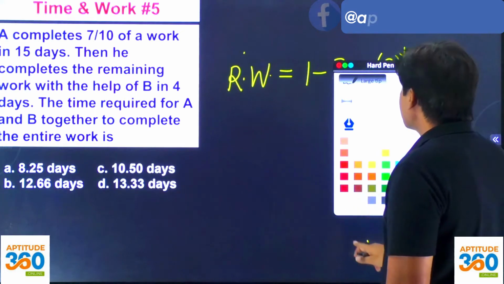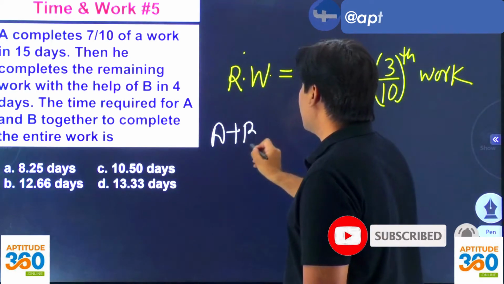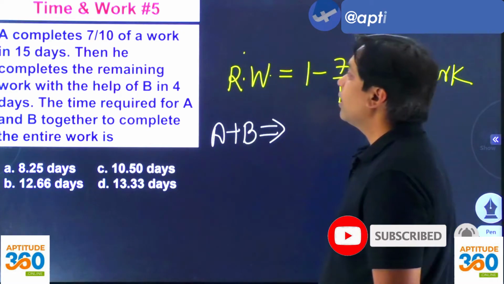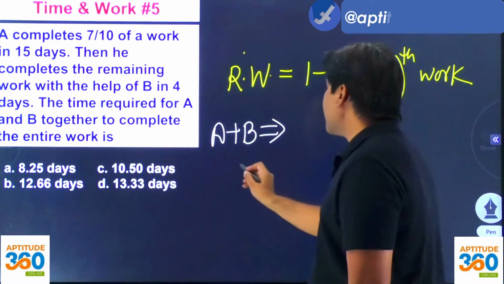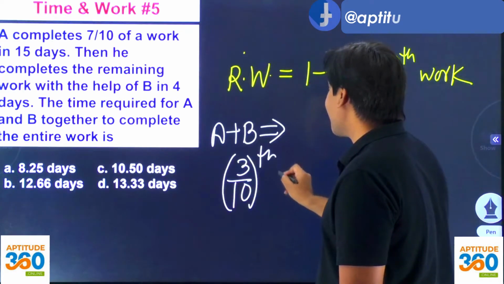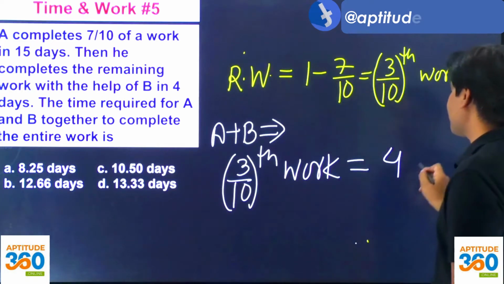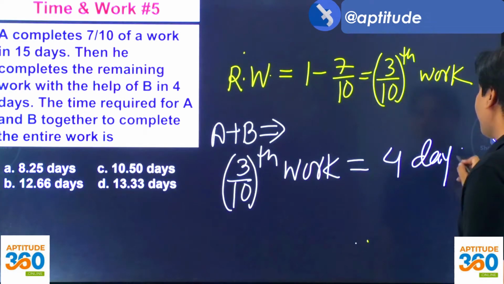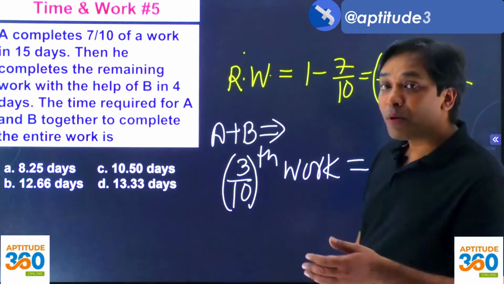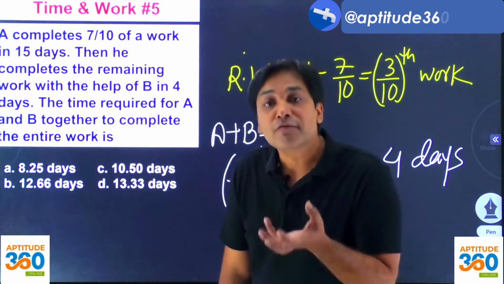So I'm going to say this, A and B are doing 3/10 of the work in how many days? 4 days. And the problem is asking you the time required for A and B collectively to finish the work.